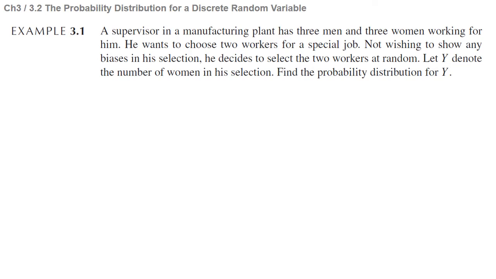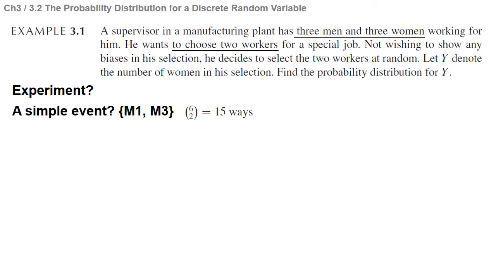Okay, so here a supervisor is choosing 2 workers from 6 workers. So what is the experiment here? The experiment is choosing 2 workers from 6 workers, 3 men and 3 women. And what would be a simple event?